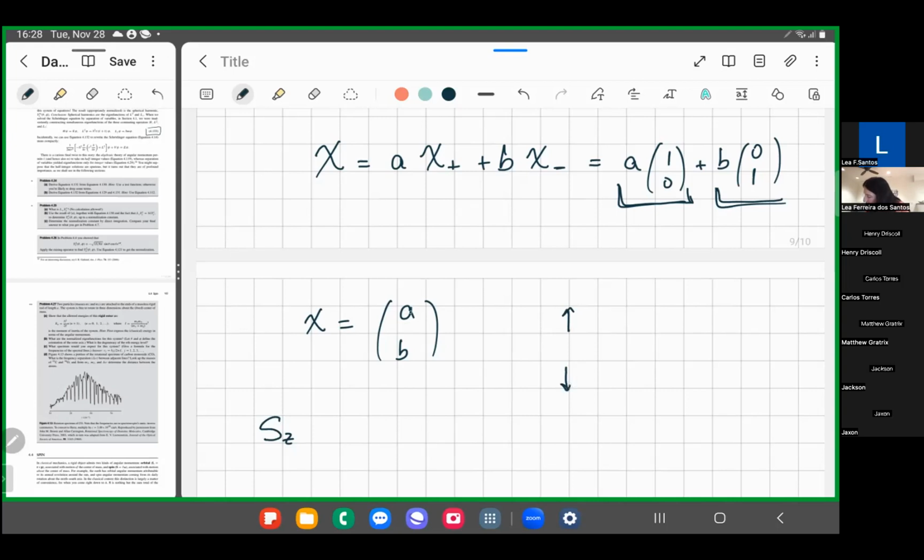The absolute value of A squared is the probability of collapsing to the up case, and the absolute value of B squared is the probability of collapsing to the down case.